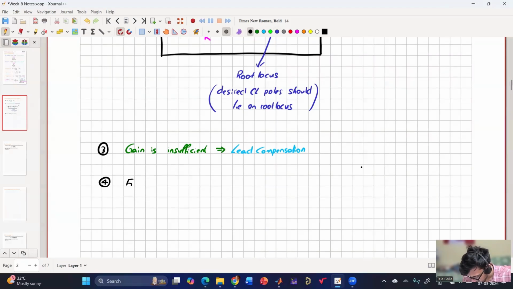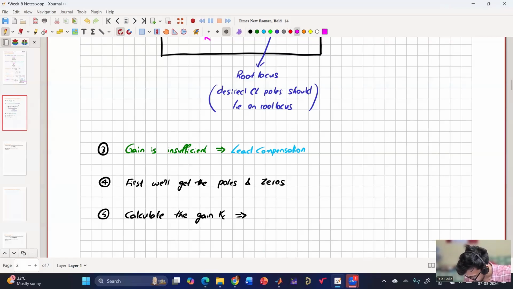First, we'll get the poles and zeros. And once we get the poles and zeros, then we'll calculate the gain Kc using the gain criteria.